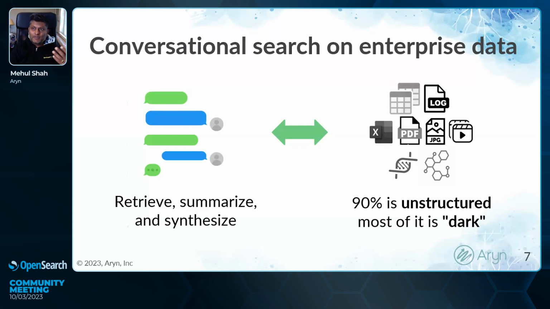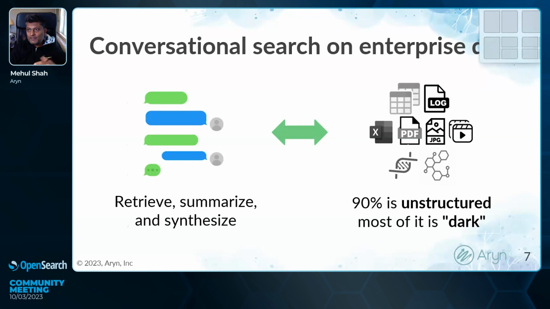And so there's this new emerging paradigm for working with your data that I like to call conversational search, or chatting with your enterprise data. And the idea is, you use a search engine or some kind of search infrastructure to retrieve relevant information.